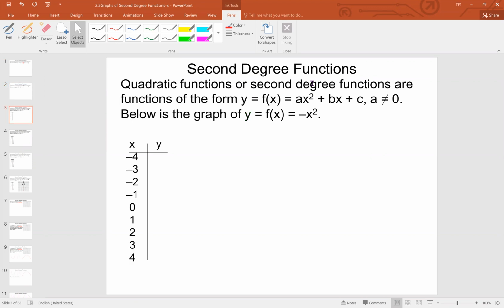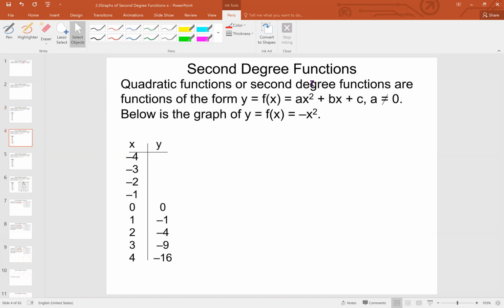We're going to make the graphs by plotting points, and I'm going to select x from -4 to 4, and square the x, and afterwards make a minus. In other words, the y answers are always going to be negative, because the squaring is positive, and then the minus goes on top of that.